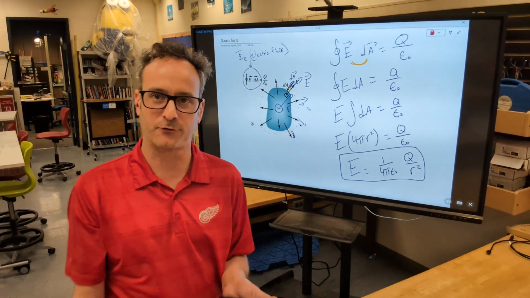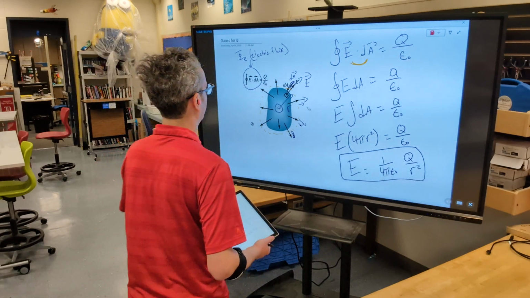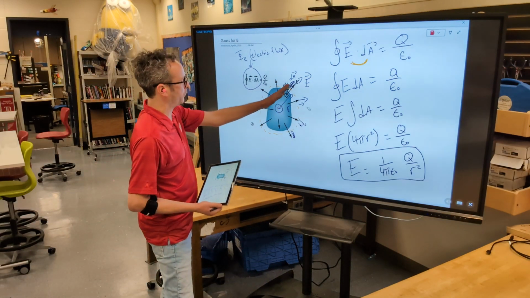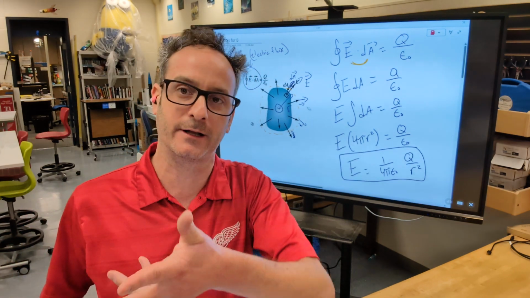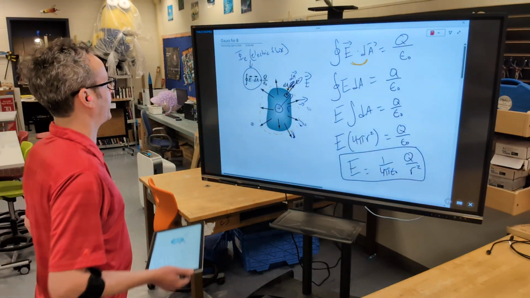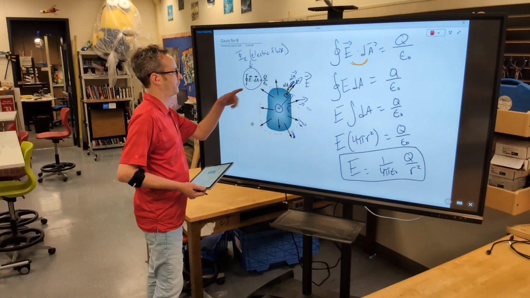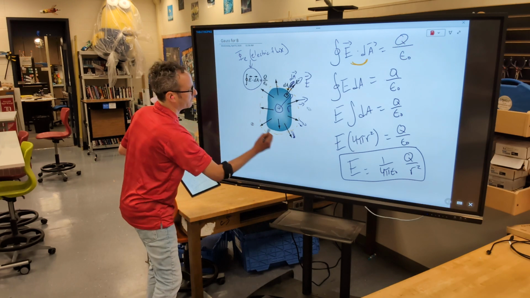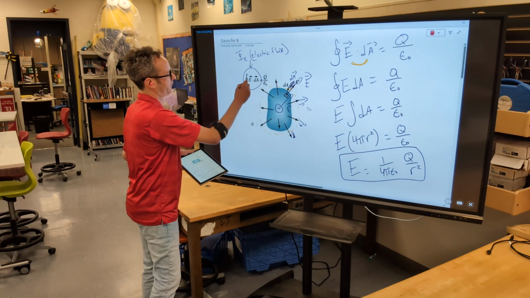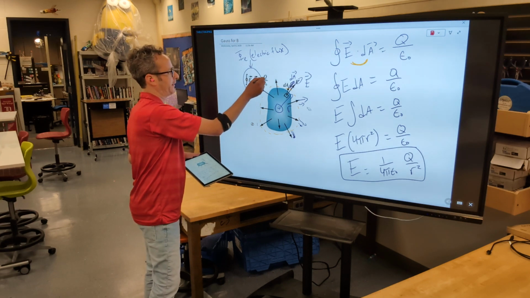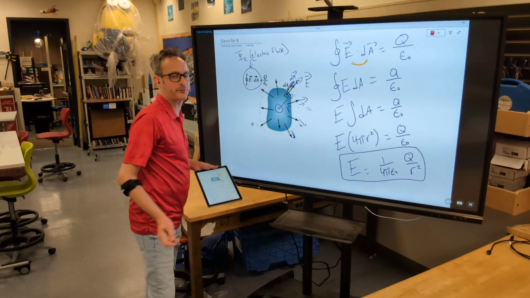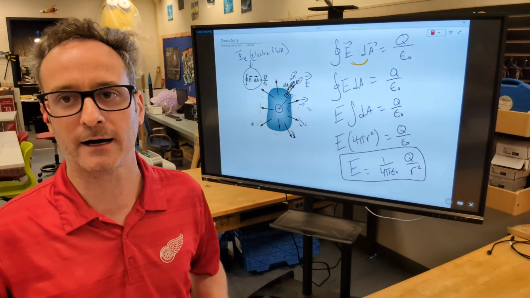There's some electric field that goes with the area vector, and the dot product of the electric field with that area vector gives you what we call the electric flux. If we add up all of that electric flux around, that's the integral of the electric field dotted with dA, and then Q is the charge inside, and epsilon naught is a constant.